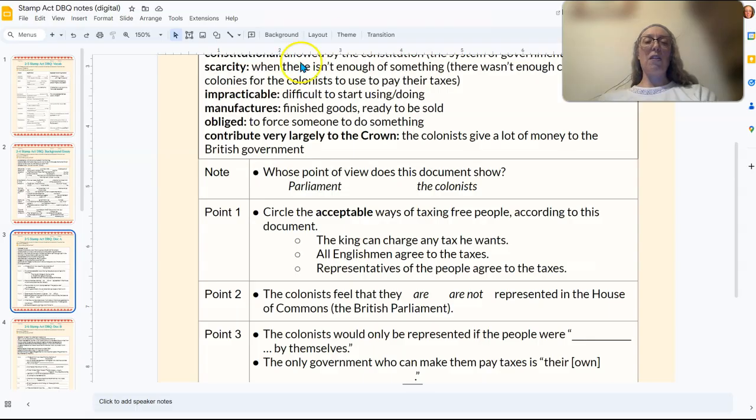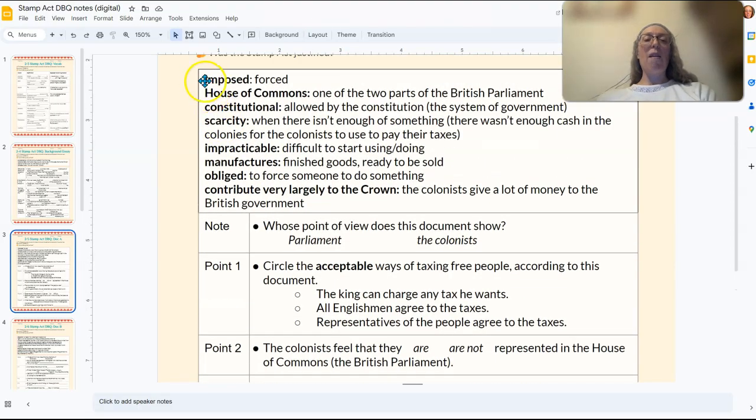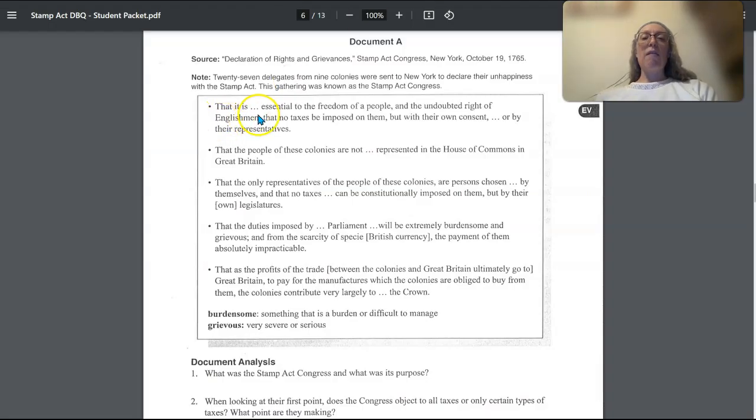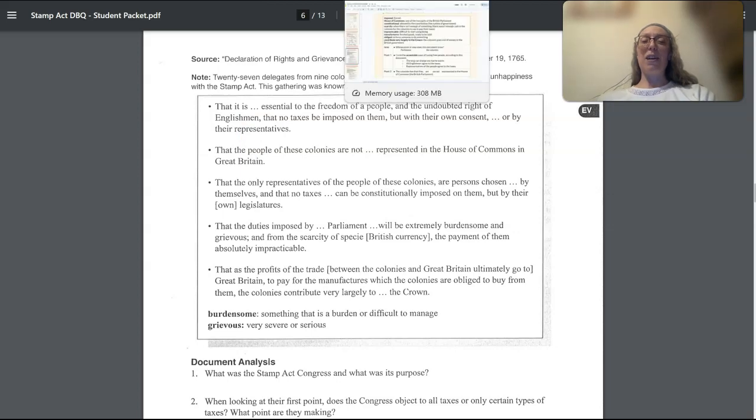So looking over at the vocabulary, imposed means forced. So let's read it again. It's essential to the freedom of a people and the undoubted right of Englishmen that no taxes be imposed or forced on them, except unless they have given their own consent or by their representatives. So there's 2 ways. What are the 2 ways that are okay?